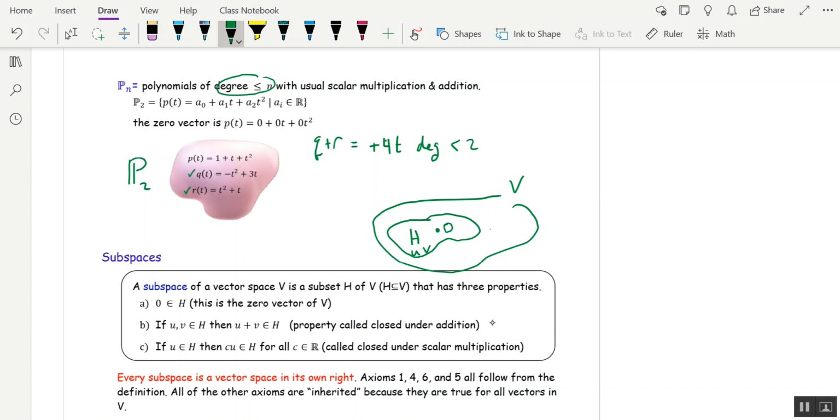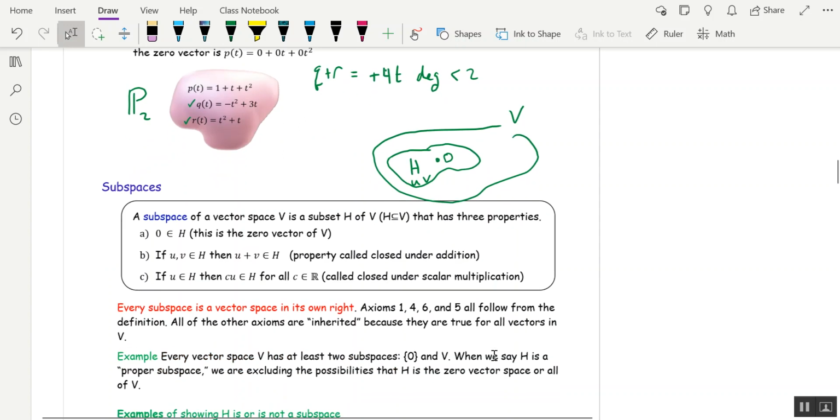So u plus v could be out here, but it's not because I'm ensured by axiom B: if u and v are in H, then u plus v stays in H. So u plus v lives inside of H. Same thing with any scalar times a vector in H, you stay inside of H. So it's a little mini vector space living inside of V. Those axioms, A, B, and C, are what ensure that you actually have a vector space, because all the vectors in H live inside of V, so they follow most of the axioms of V. The only ones you have to ensure are 1, 4, 6, and 5, and that is done by the subspace axioms.